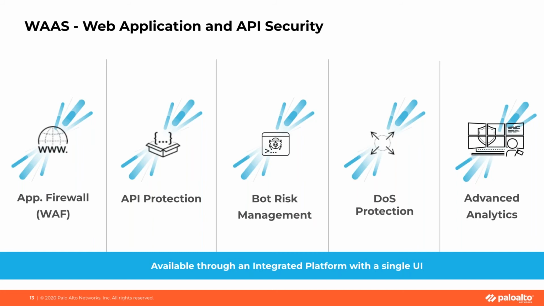Now, Palo Alto's Unit 42 security researchers are also able to provide users with virtual patches for all sorts of emerging and upcoming threats. Finally, for ongoing monitoring, we have developed a built-in advanced analytics that was specifically designed for efficient investigation of events and ongoing monitoring.